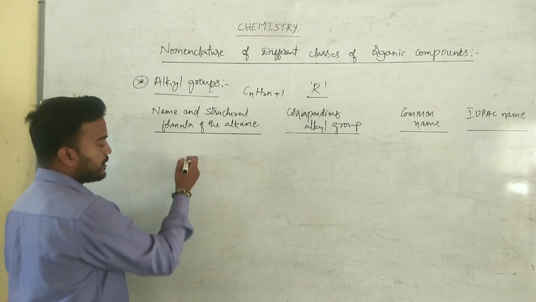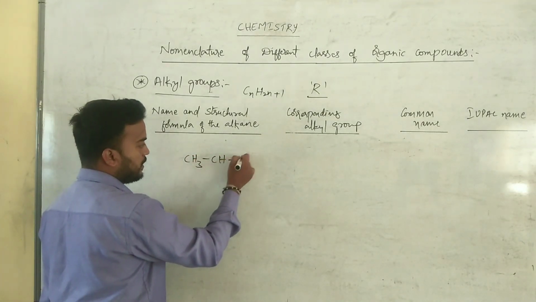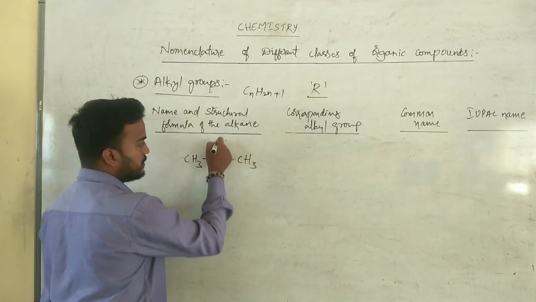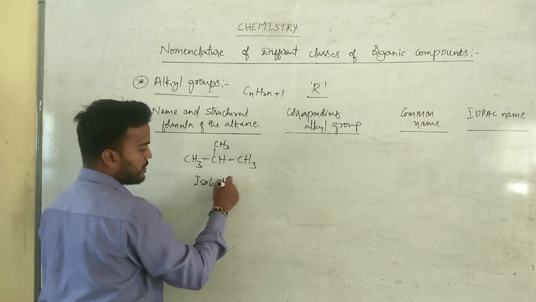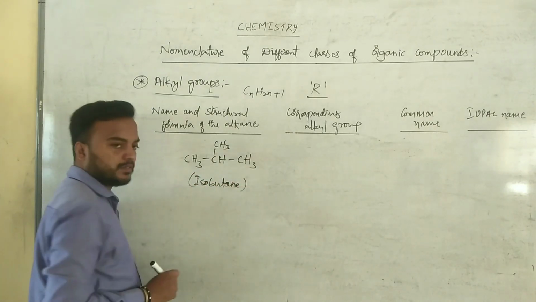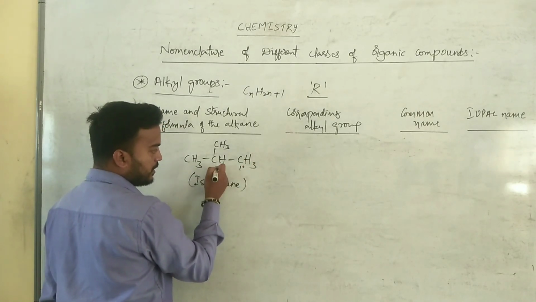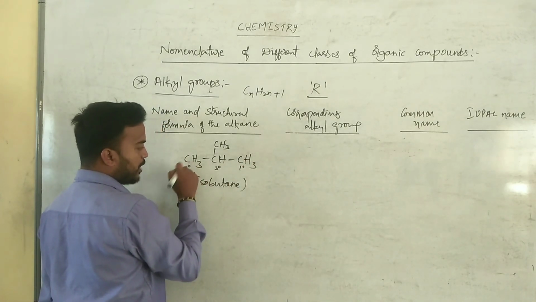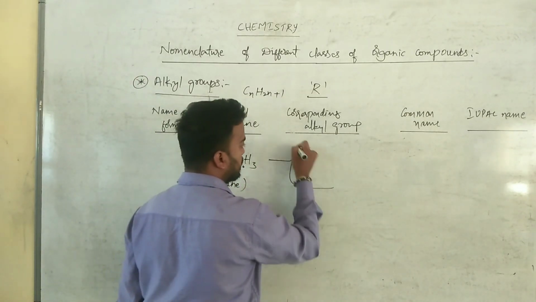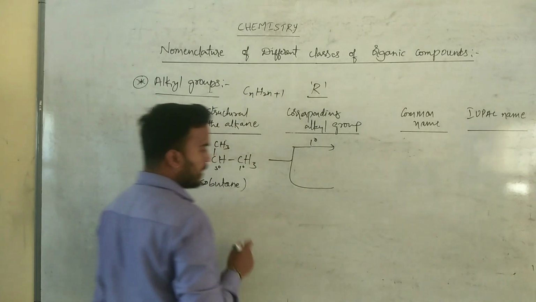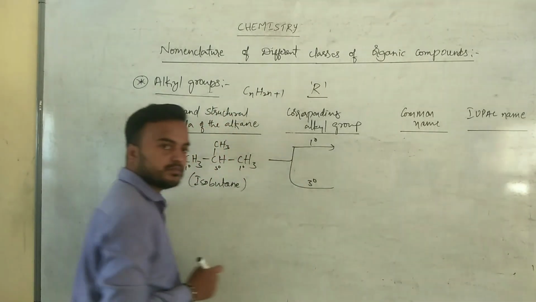Let's see one more example. I will take isobutane, CH3, CH, CH3, CH3. So this is isobutane. This is a primary carbon atom, this is a tertiary carbon atom, and this is a primary carbon atom. Now in the first case I will remove a primary hydrogen, and in the second case I will remove a tertiary hydrogen.